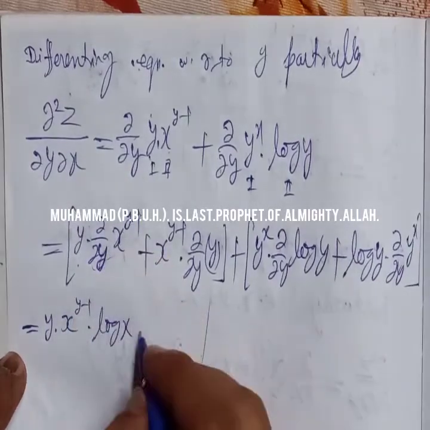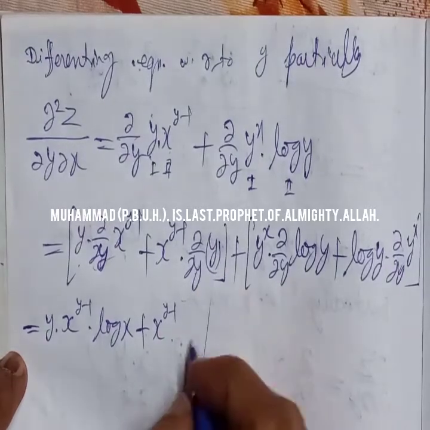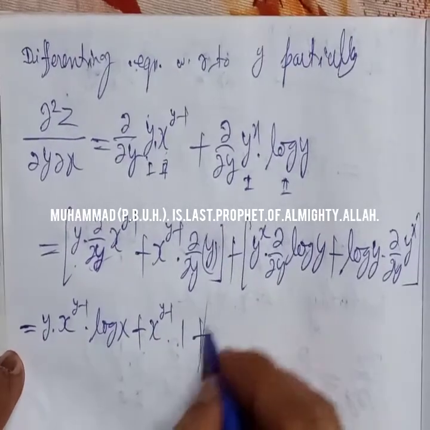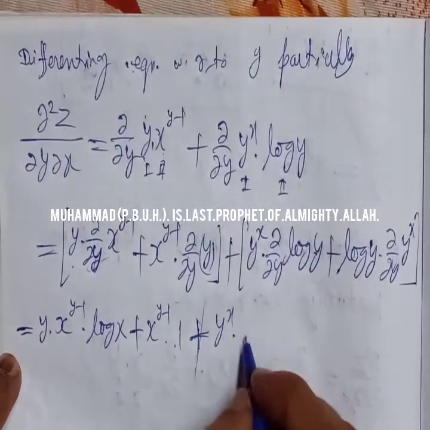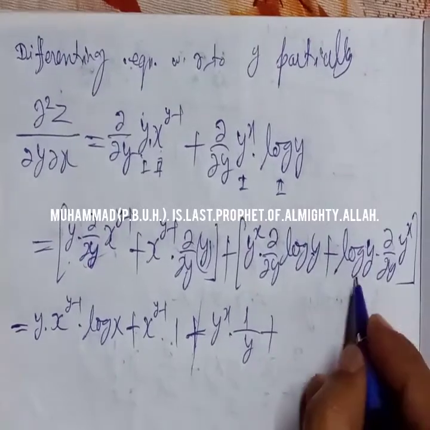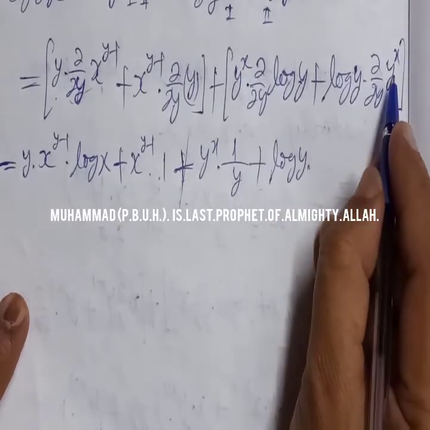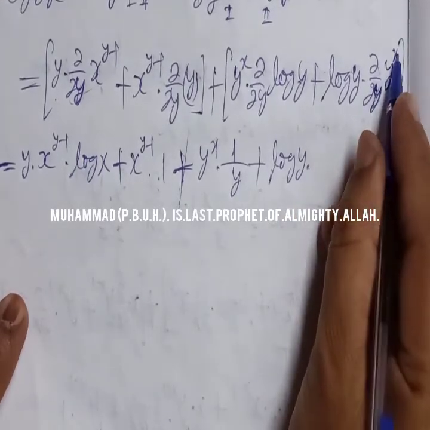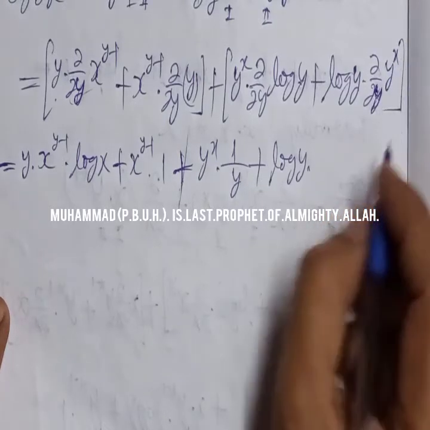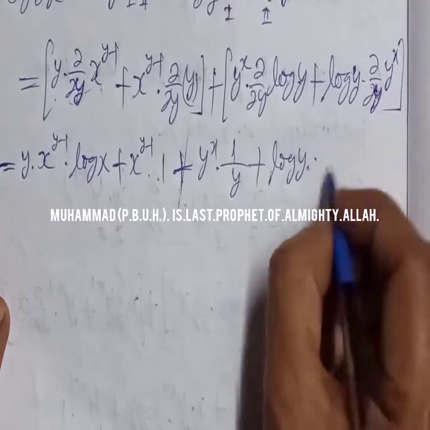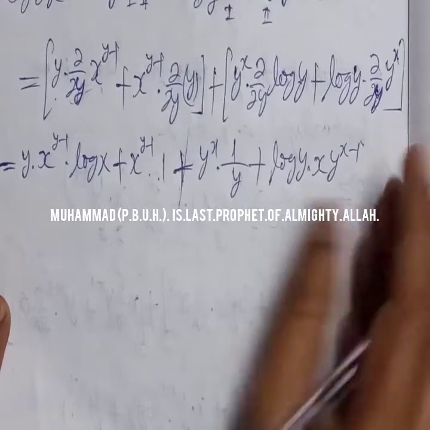I apply the formula, plus x to the power y minus 1, and the differentiation of y with respect to y equals 1, plus here y to the power x, and the differentiation of log y with respect to y is 1 upon y, plus log y into the differentiation of y to the power x, where y is variable, so therefore variable to the power constant, so the power will come here, and the power will reduce by 1 according to the formula.